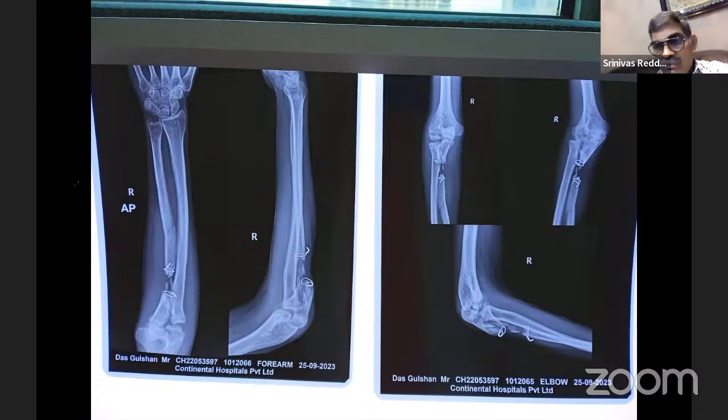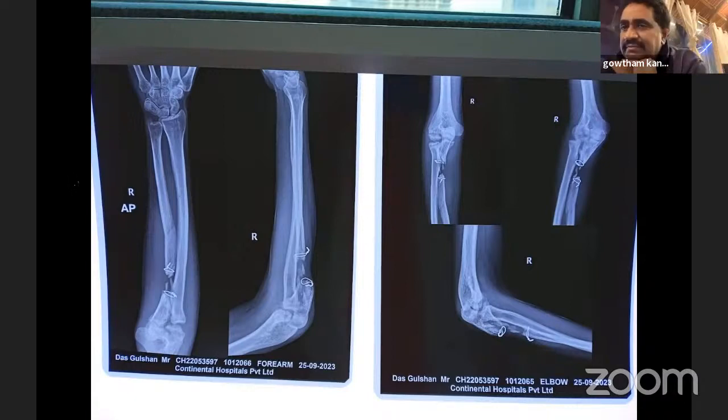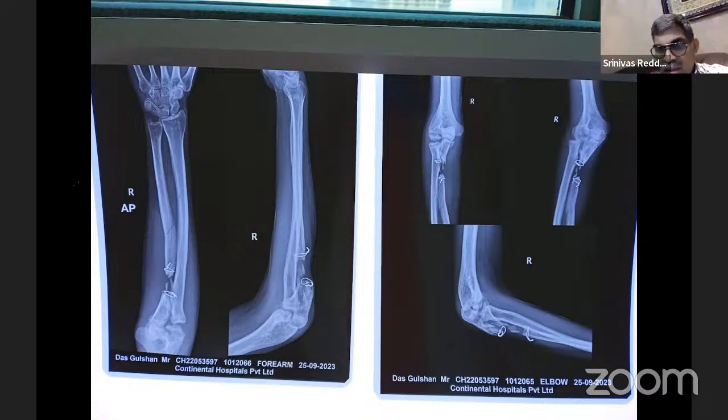Dr. Gowtham, that movement is a spurious movement which is taking place not truly at the elbow joint. It is at the fracture non-union site and again at the radiohumeral capitellar joint. The radiocapitellar joint is part of the elbow joint, isn't it?